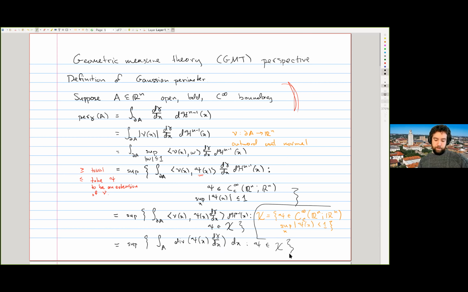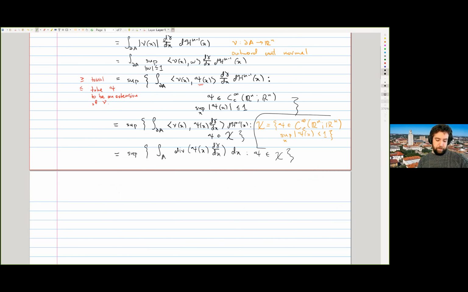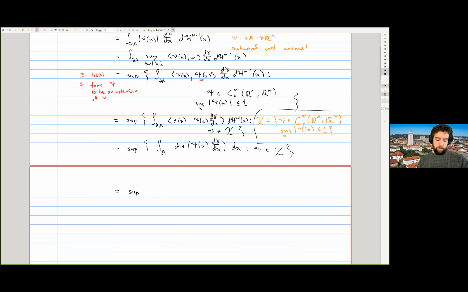Now, this one I should already get. I'm just going to manipulate it a little bit, to put it in a form that looks a little nicer. Integral on the set. I'm going to use the product rule for the divergence here. So I get the divergence of psi, and then psi inner product the gradient of the Gaussian density, and the gradient of the Gaussian density is just minus x times the Gaussian density.